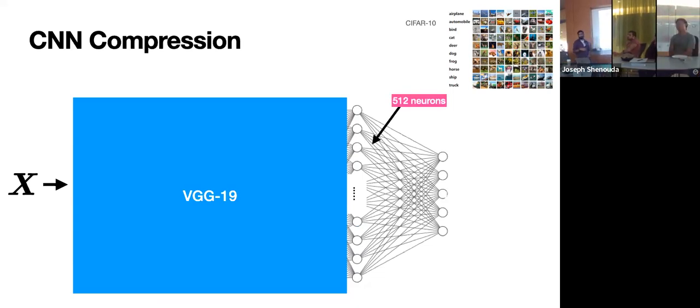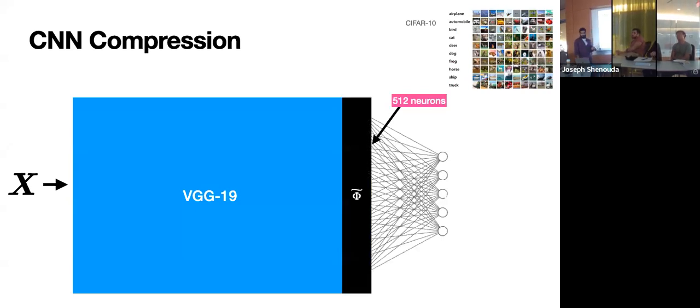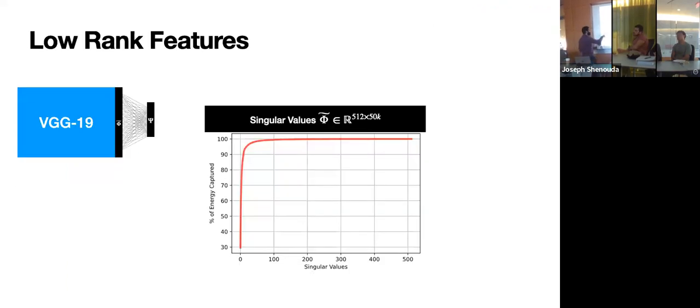So we extracted the feature representations for every single training data point, in this case CIFAR10, put it into this really big matrix, call it psi tilde. Then we took the outputs, which would be just one-hot vectors basically. And then we looked at the rank of this representation. It's 512 by 50K training samples.